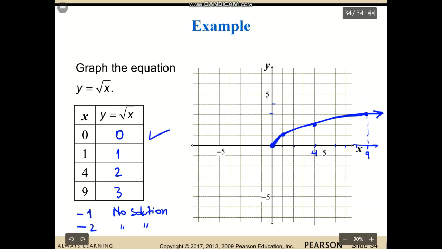Doesn't include the negative side of the x-axis or the y-axis. Alright, we ended section 3.1. Now we are ready to move on to the next section.